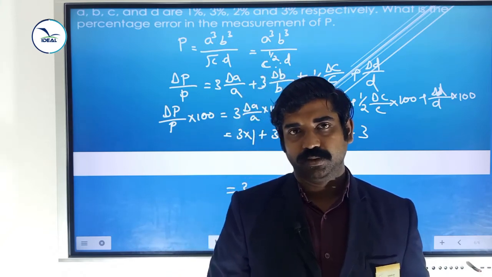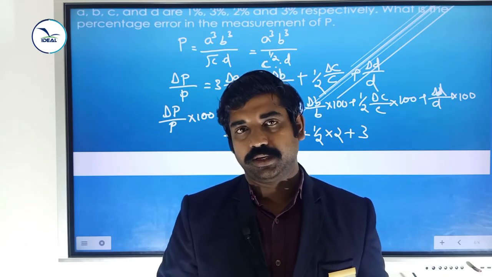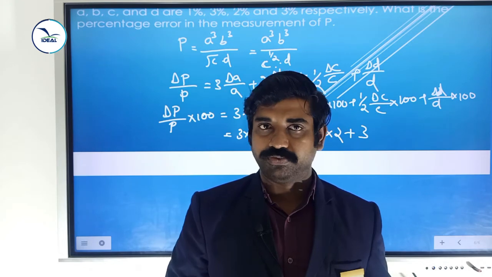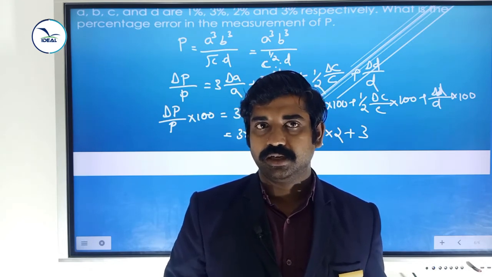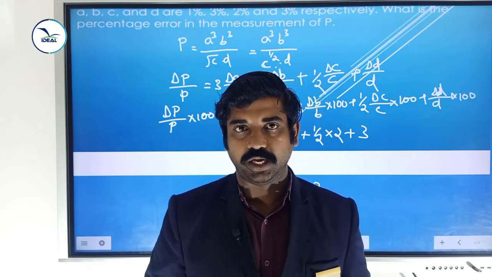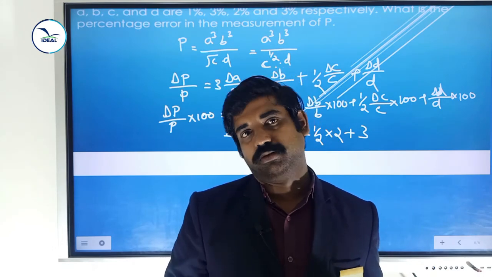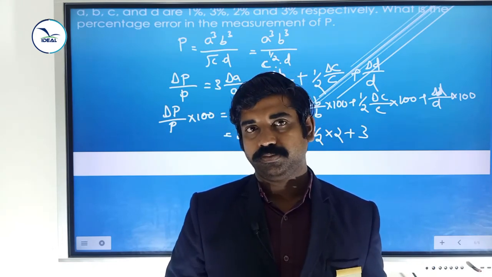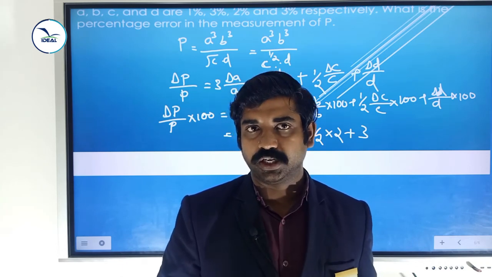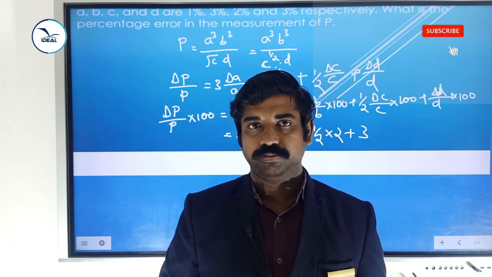Then we discussed accuracy, precision, error. From error, there are many types of errors. We discussed that: systematic error, random error, least count error, likewise. Okay, then after that, absolute error, mean absolute error, relative error, percentage error, and the combination of errors, and also we discussed the significant figures.